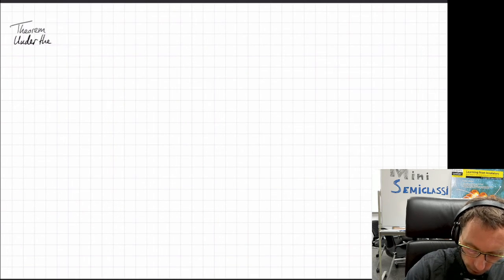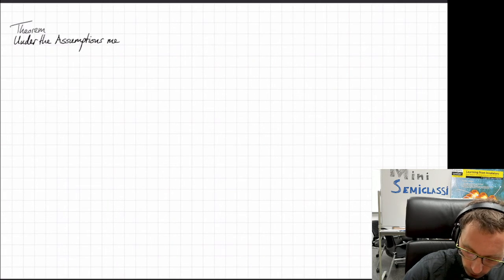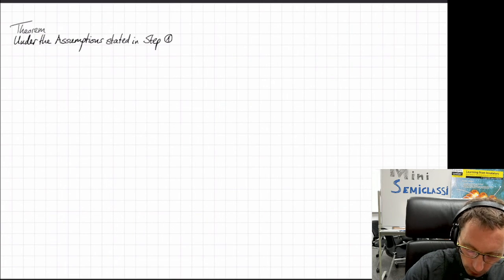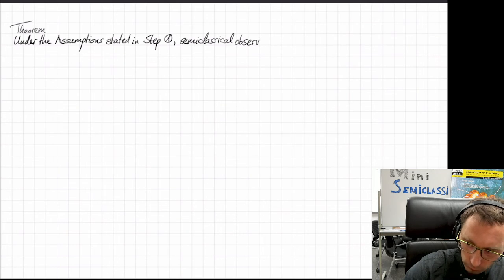Let me capitalize assumptions because I'm pointing to a particular mathematical statement stated in step 1. Semi-classical observables have a semi-classical limit for bounded times.